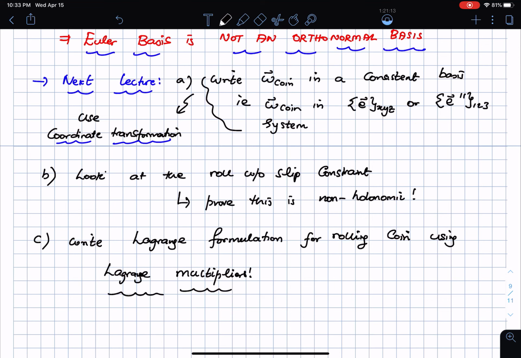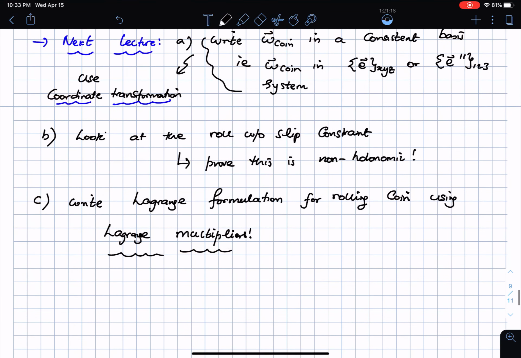That is the last thing that we will be doing. And once we're done, we will be able to obtain the equation of motion of a rolling coin.